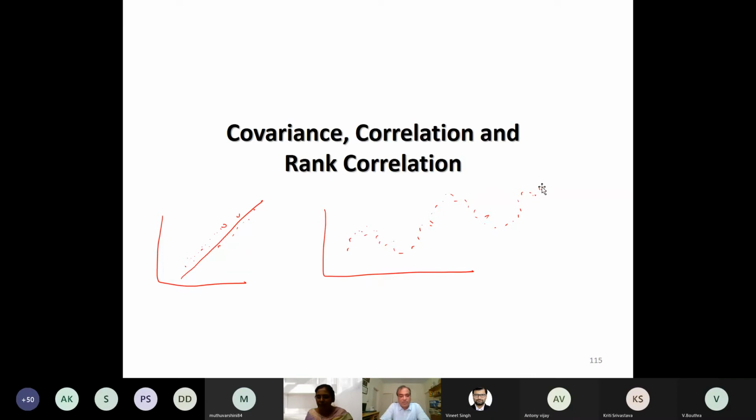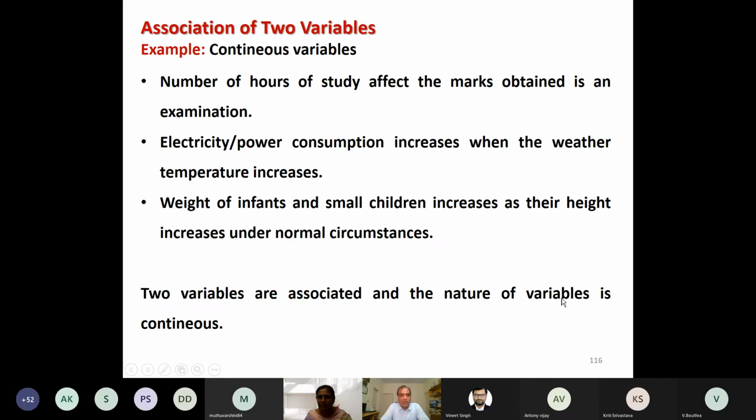Can you hear my slides? Yes, sir. Okay. Now when we are talking of association between two continuous variables, continuous variable means, for example, the number of hours of study affects the marks of the student.